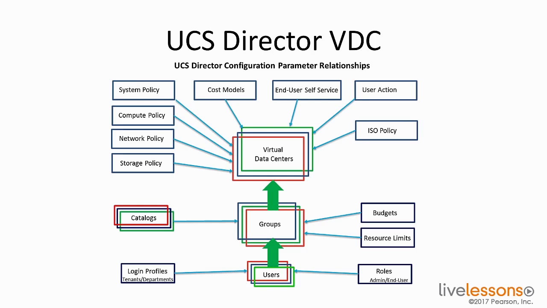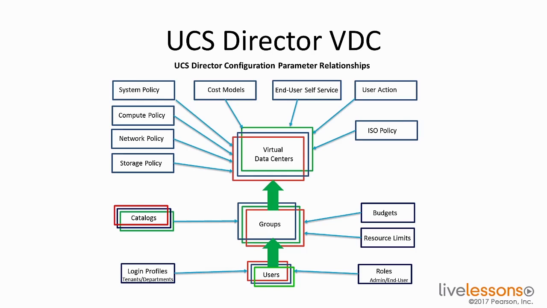This gives you an idea how some of these objects relate to each other. As we mentioned before, we may have storage policies, network policies, and compute policies, or some of these other cost models, etc., that go into a virtual data center. A virtual data center is a way to group resources inside of UCS Director.